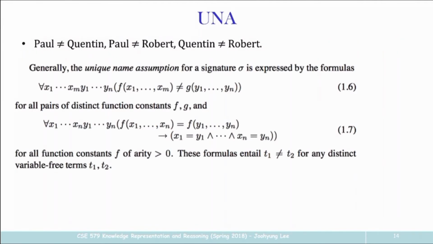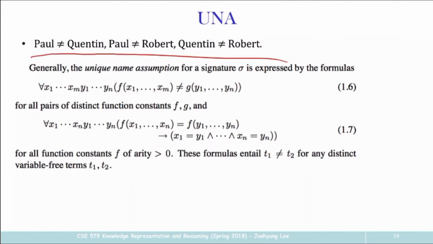Okay? So often the case, we don't want this behavior. If you want to use first-order logic like a language, we want to restrict that these people are actually different. How do you say that these are all different people in first-order logic? You have to write this formula.